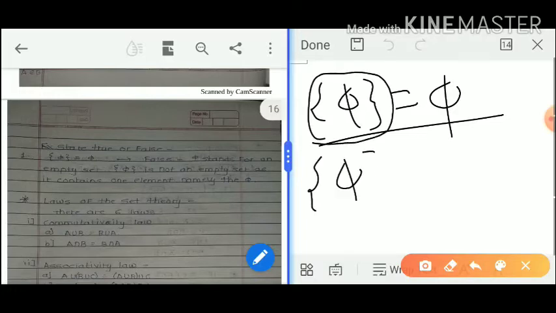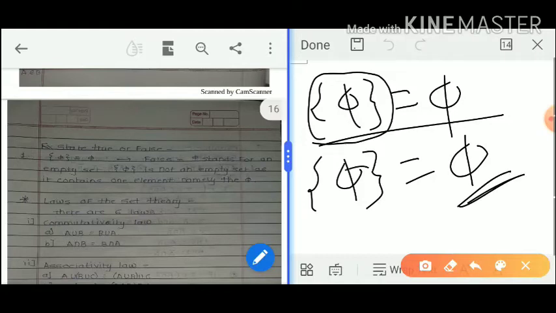This set contains a phi, and only phi is a null set. How is it possible? This set contains 5 elements and this is a null set. So how is it possible that this set equals 5? So it is wrong, meaning a false condition.